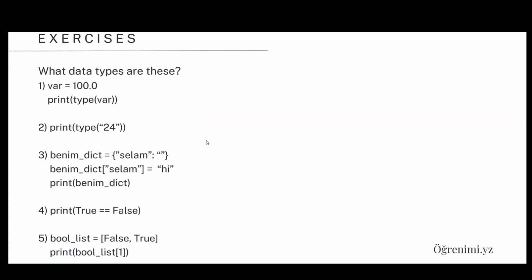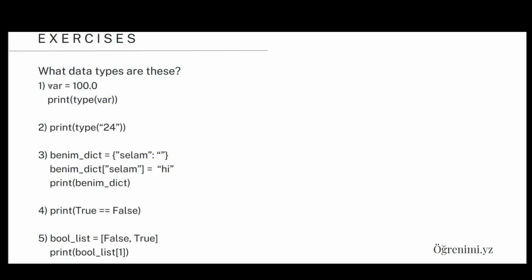So now that we've talked about the basic data types of Python, let's do a few exercises. I would like you to look at this and think about what data type is going to result from this print statement.